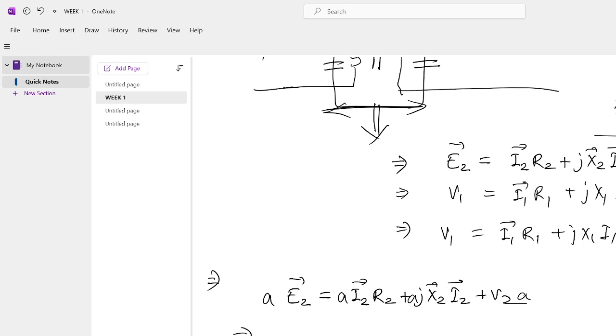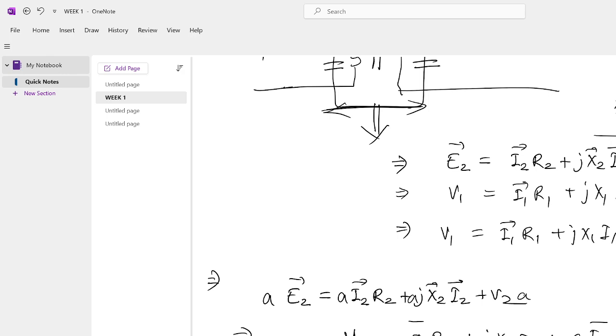This will become V1 is equal to I1 R1 plus j X1 I1 plus A I2 plus j A X2 I2 plus A V2, right? Clear or not?